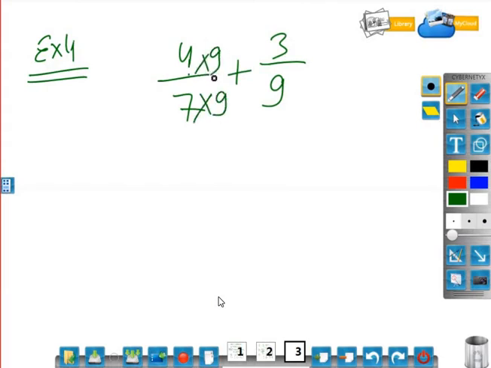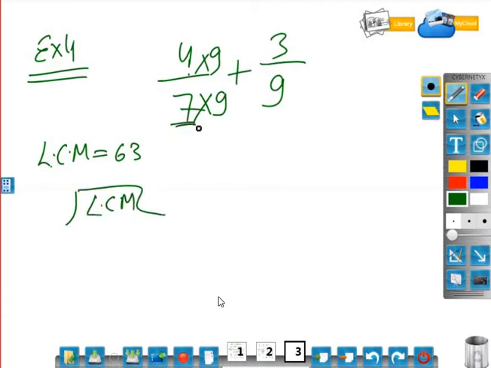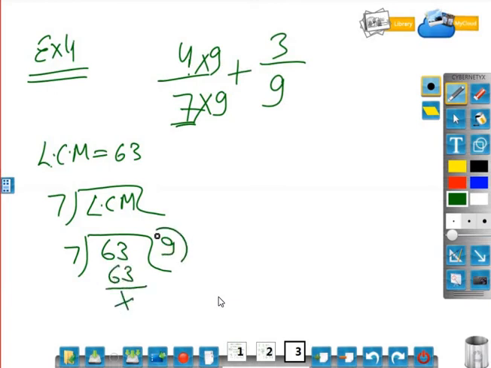Now how do we come to know why we are multiplying by 9? As we know, our LCM is 63. So the rule is to divide the LCM by this number 7. Now in place of LCM we can write 63. 7 times 9 is 63. So that means this is the number.